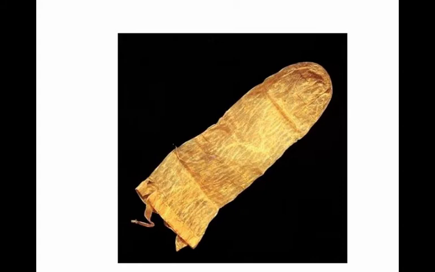And so even today, it's used for protection, not necessarily from the sun, but for protection from sexually transmitted diseases. And so, in essence, this is a membrane, right? Condoms are membranes, and they are selectively permeable.